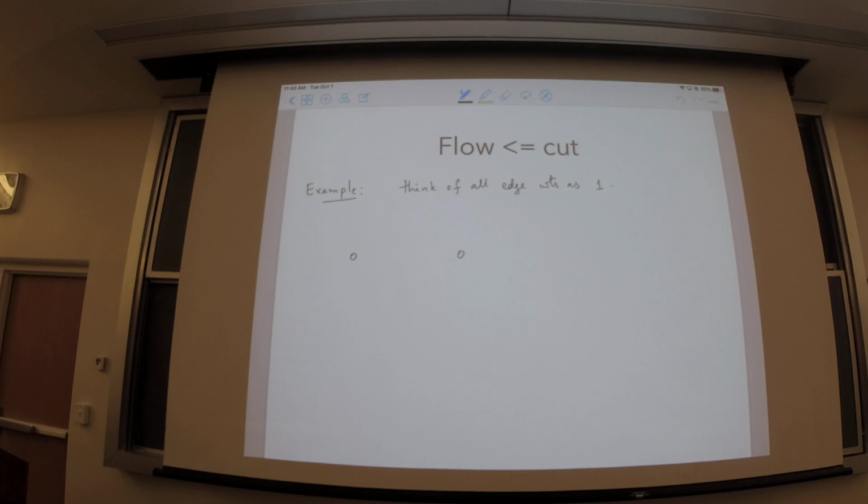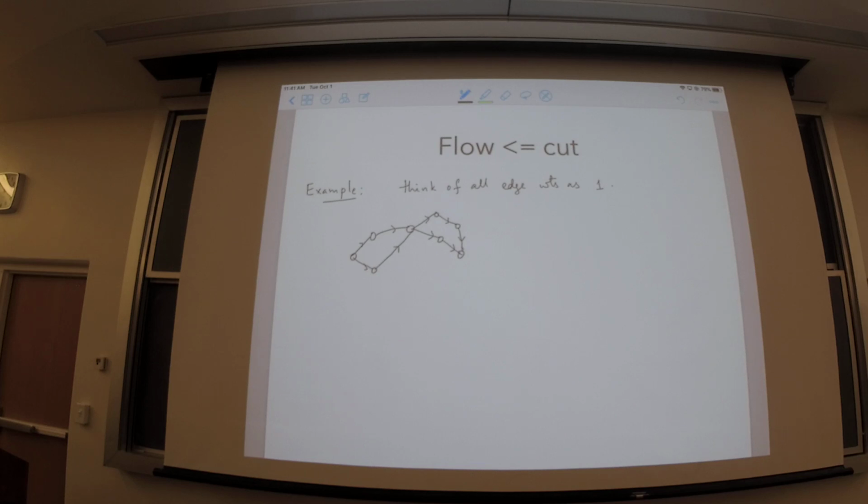We said that a flow is a collection of paths. So here are 2 paths. But if all edge weights are exactly 1, then these paths cannot share edges. They can share vertices, like I drew here.